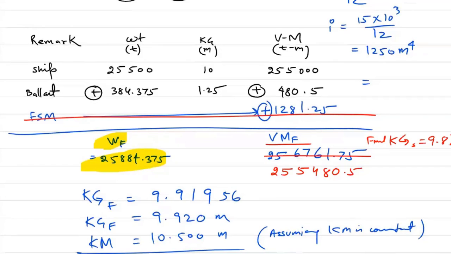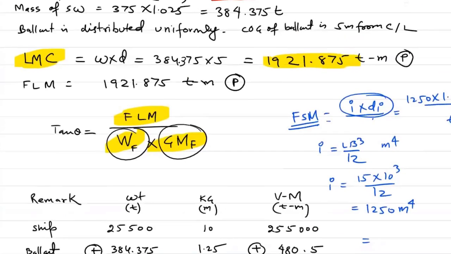This is KG. What is KM? 10.5. What is GM solid? 0.630. Right? Now from here, take out the FSC.